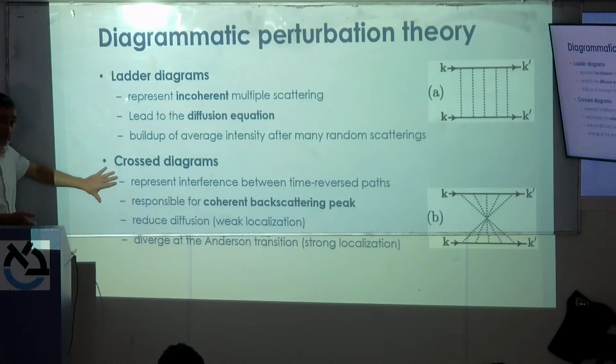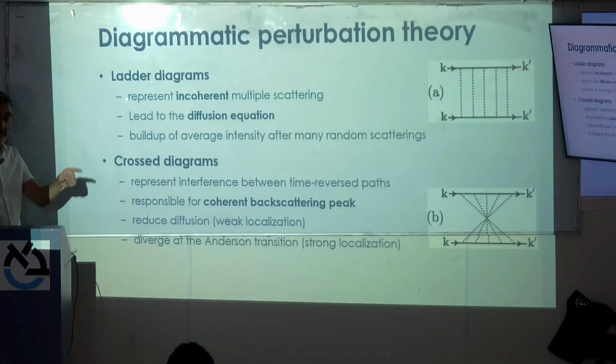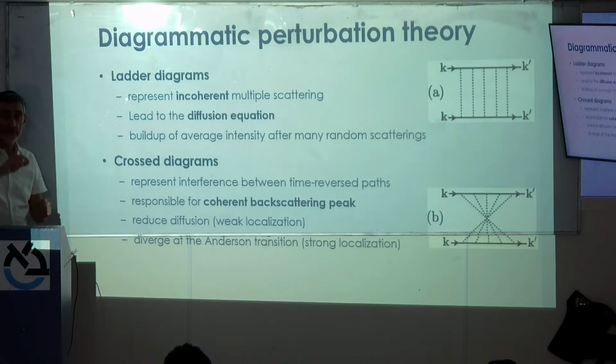But there are other terms that are very important and that can be far in the expansion. When you look at these multiple scattering events, you may have a scattering event that follows a certain sequence of scatterers, and you have the same scattering following the reverse sequence of scatterers. You can have hundreds of scattering events going one direction or the other direction.